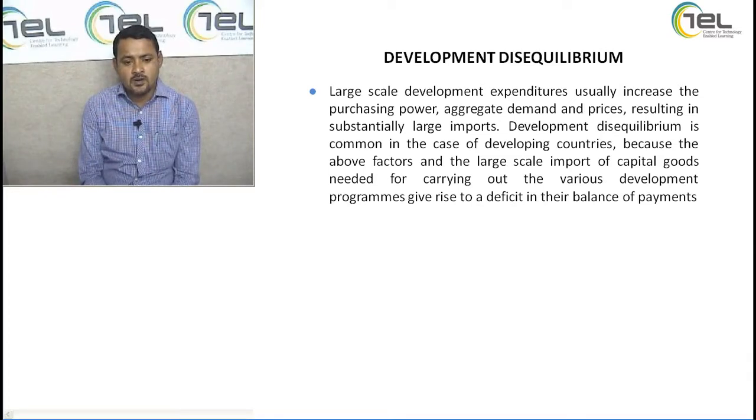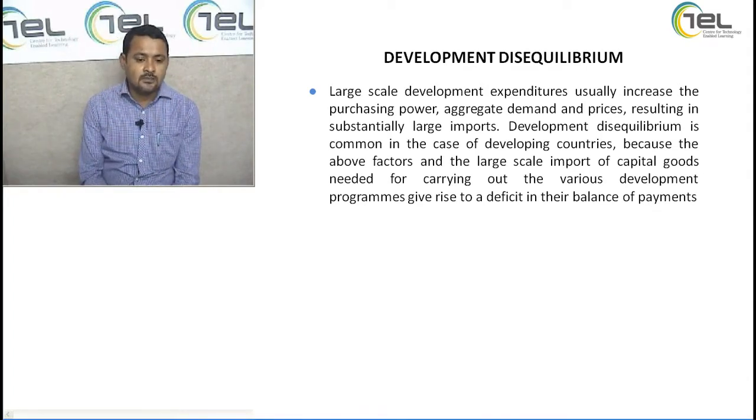To increase purchasing power and per capita income, we need infrastructure to be in place. So large scale developmental expenditure will increase all these things. But where should we get the money? Because we need money from outside, there is huge pressure on our foreign exchange demand.